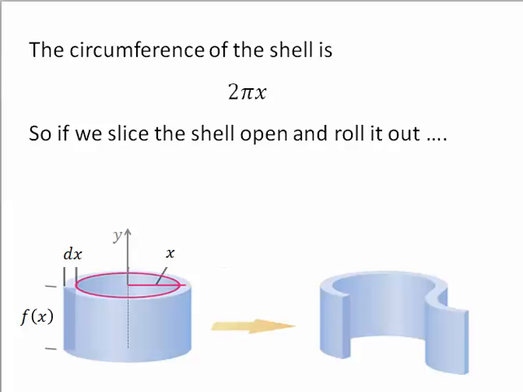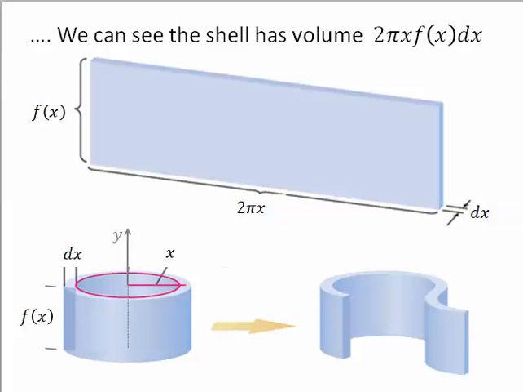If we slice the shell open and roll it out, we have a box that has a height of f of x, a length of 2 pi x, and a width of dx. And so the volume of the box, and therefore the volume of the shell, is 2 pi x f of x dx.